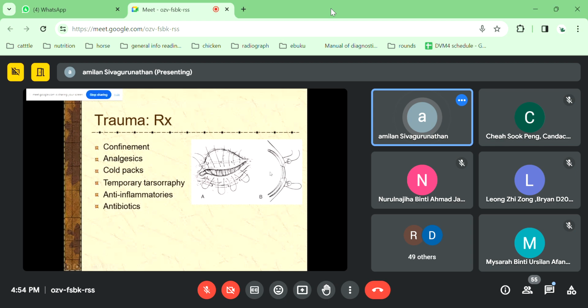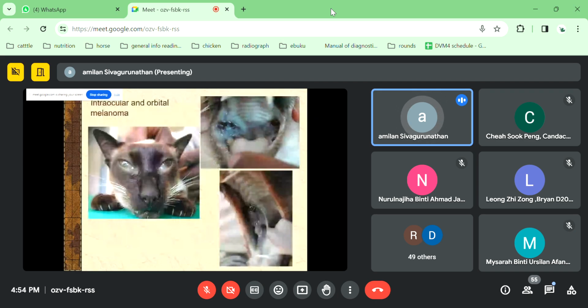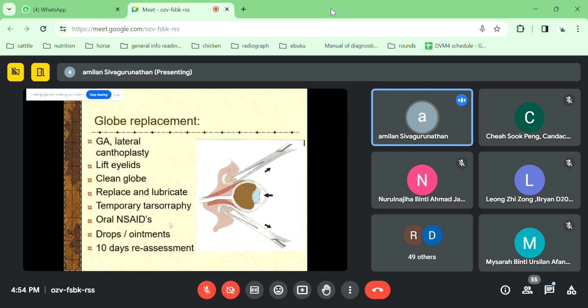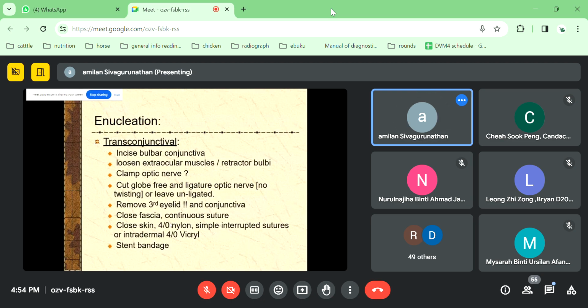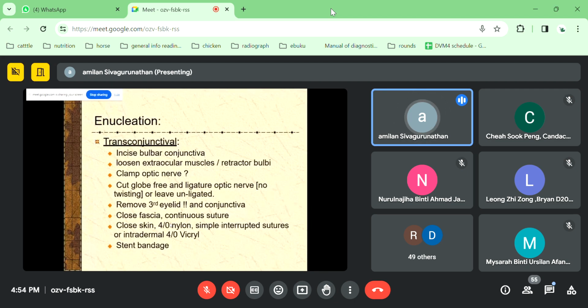So that holds the globe in position. So this will stay on with some cold packs and anti-inflammatories for 2 weeks until such time you open up the eye and reevaluate the structure. In the event that the eyes are too traumatized, then we should enucleate the globe.